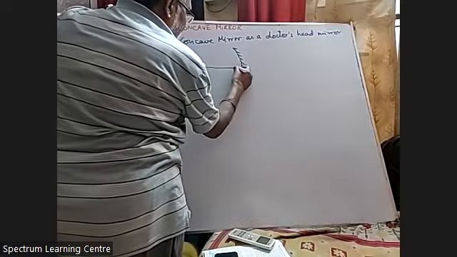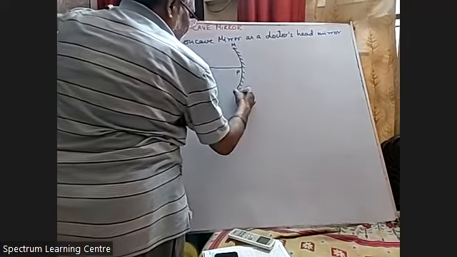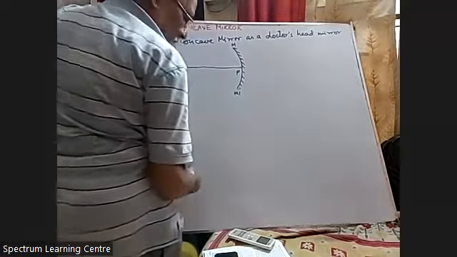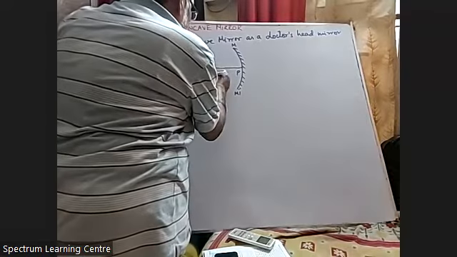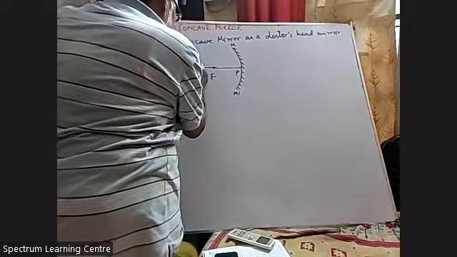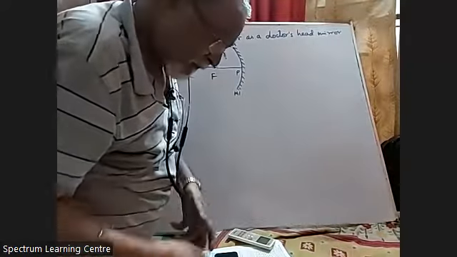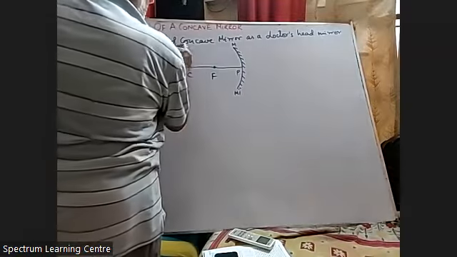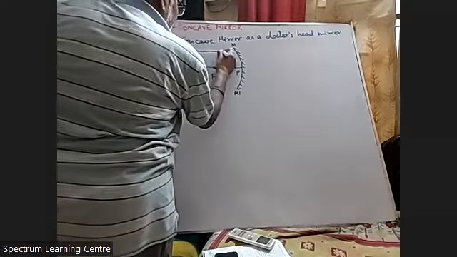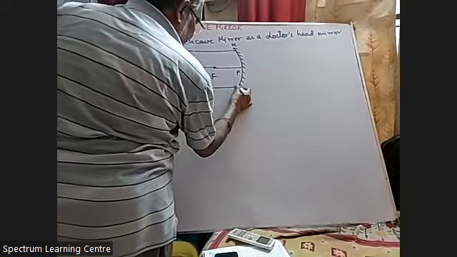This is my pole, this is my mirror, this is my focus, and this is my center of curvature.